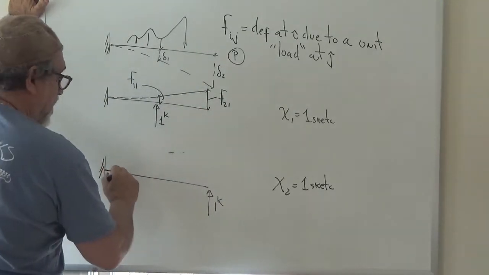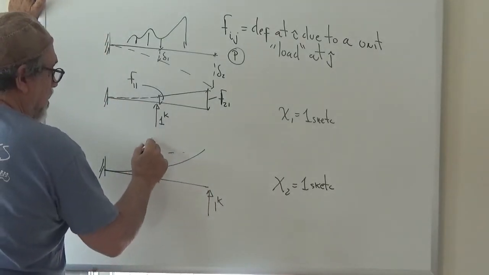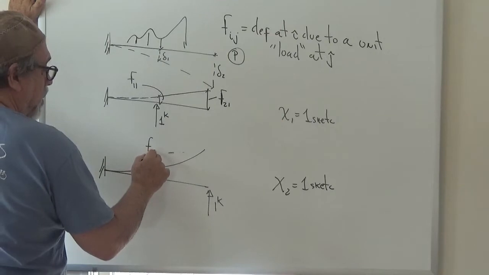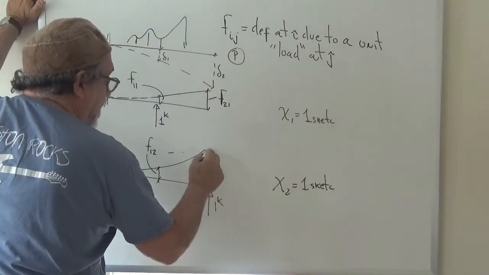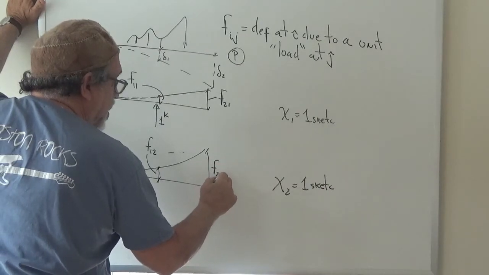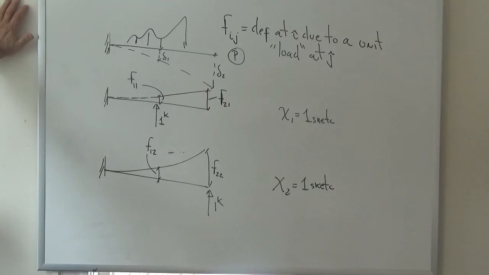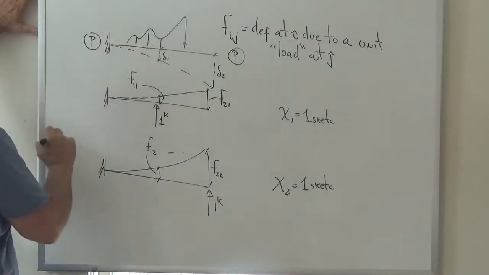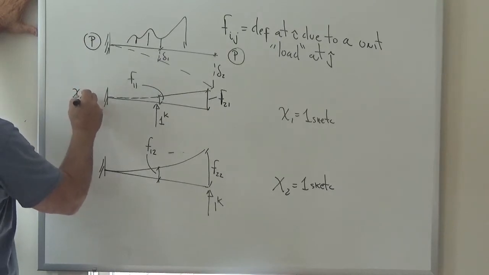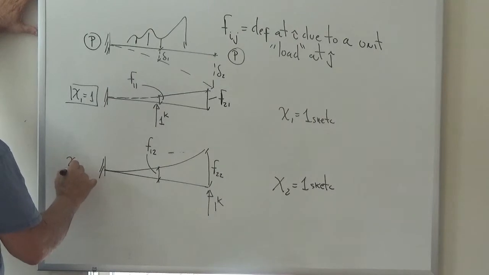This one gives us a deformed shape like this, and this right here would be the deformation at 1 due to a load at 2, and this is the deformation at 2 due to a unit load at 2, right? So I'm going to put these things on the left side so I clear the right side of the board. This is P, this is x1 equal to 1, and this is x2 equal to 1, right?